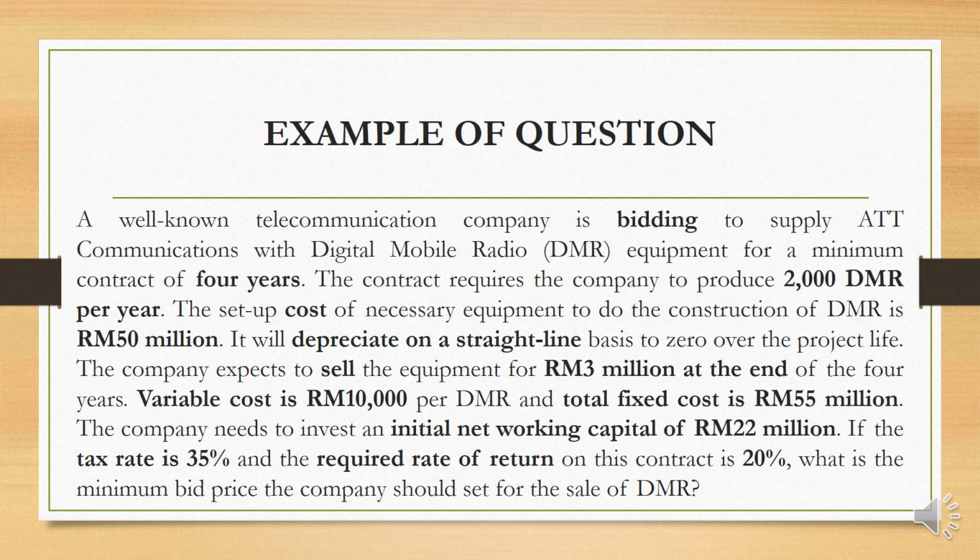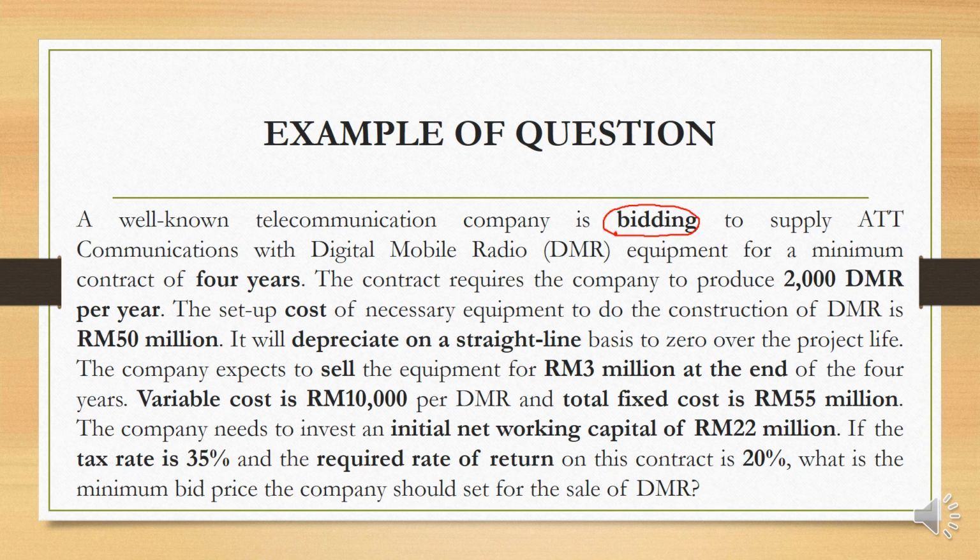Practice for calculations on setting bid price. Here is an example of the questions. Based on these questions, a well-known telecommunication company is bidding. From the word bidding, that is a key to mention that these questions are related to the setting bid price question.